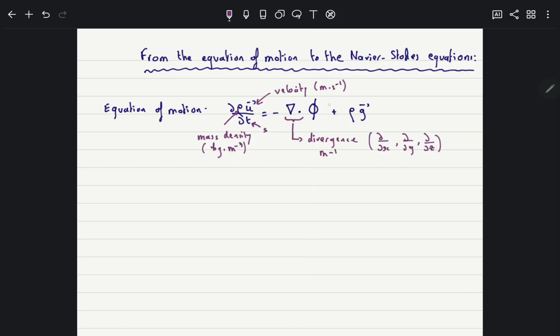Phi here is our momentum flux, which is expressed in unit of mass per unit of length and per square second.